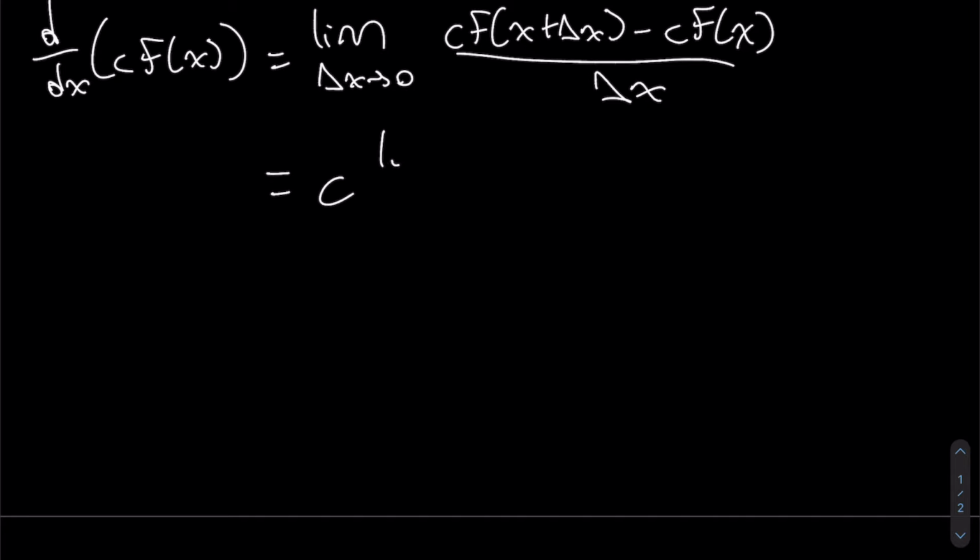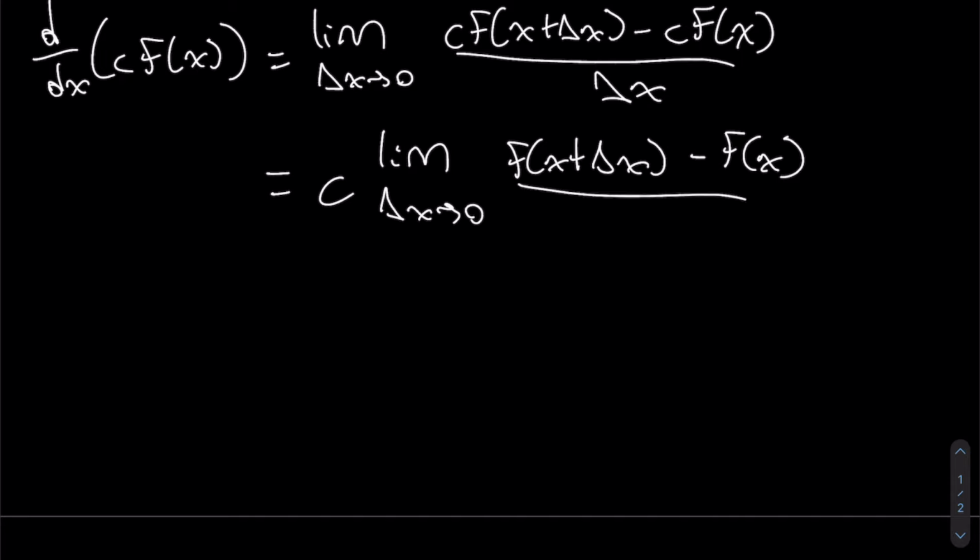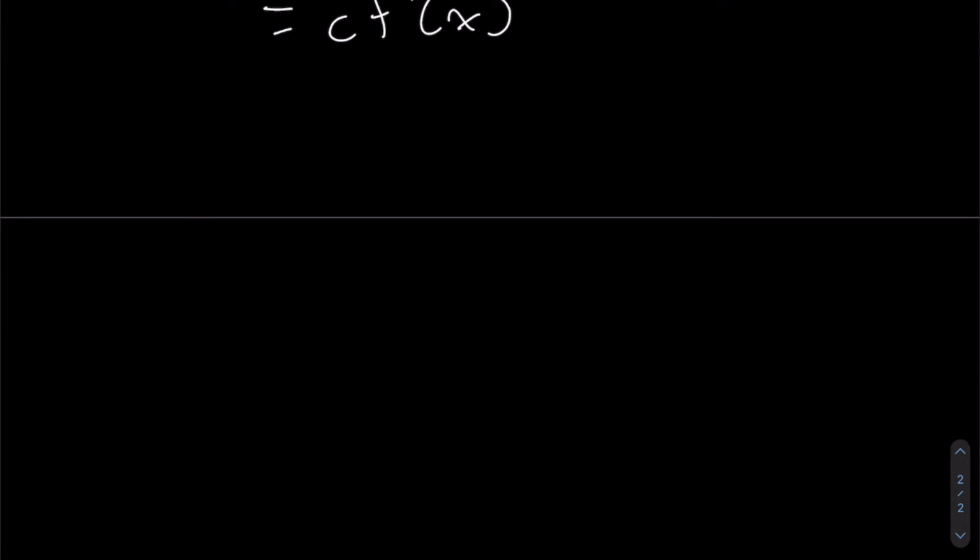So the constant factors out, and we'll just be left with this, which is the definition of the derivative for f at x. So that just becomes c times f prime at x. So that's pretty simple. Now let's do the sum and difference rule.